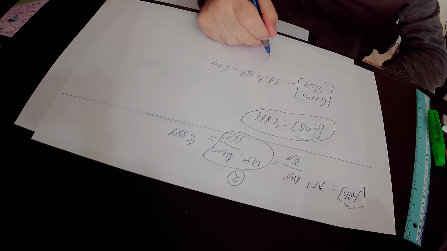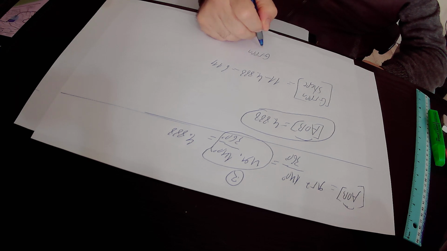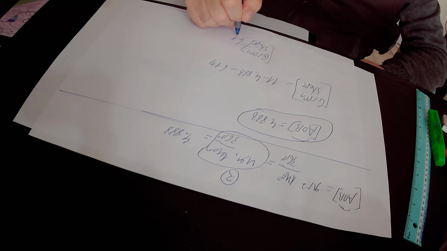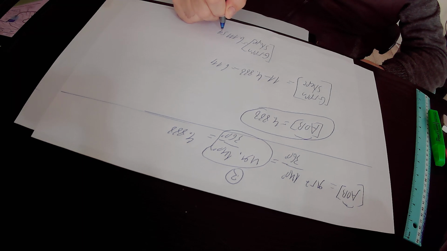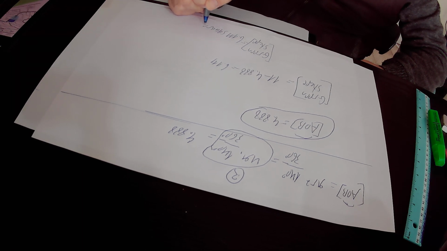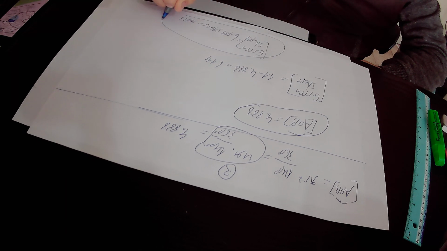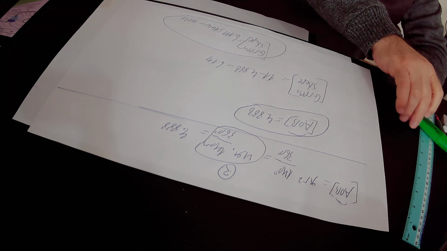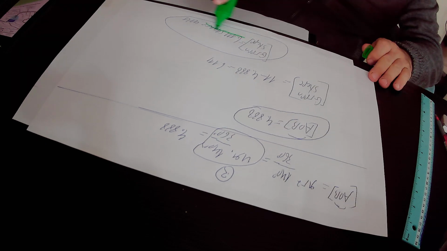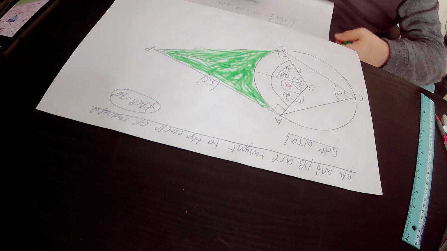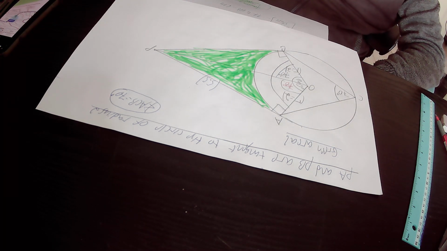In conclusion, we found out that the area of the green shape is equal to 6.111 square units. Repeat again, the area of this green shape is equal to 6.111 square units.